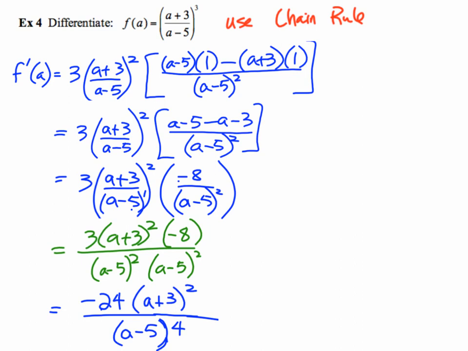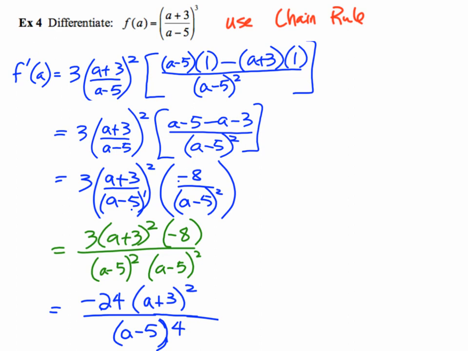Apply the exponent of 2 to the top and the bottom of a plus 3 and a minus 5. And then combine in the denominator a minus 5 all to the power of 4.